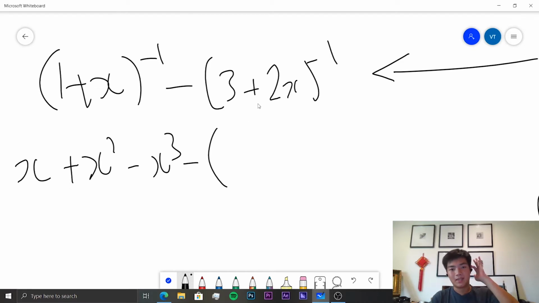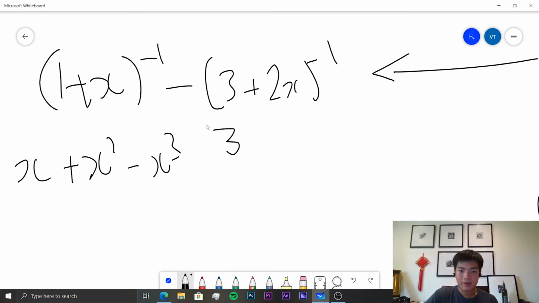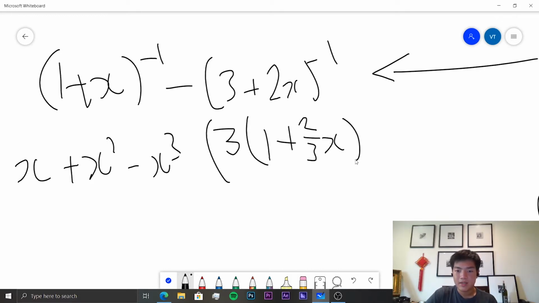And we need to subtract the expansion of this. Before expanding this, we need to transform it into the form 1 minus something or 1 plus something. We'll do that by dividing everything by 3. So 3 times 1 plus 2/3 x to the negative 1, and we can simply expand this now.